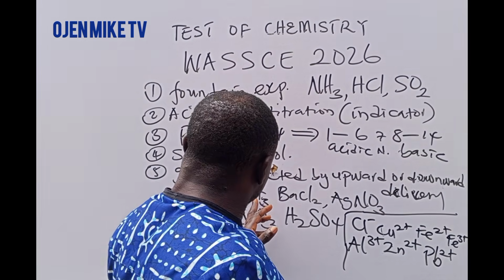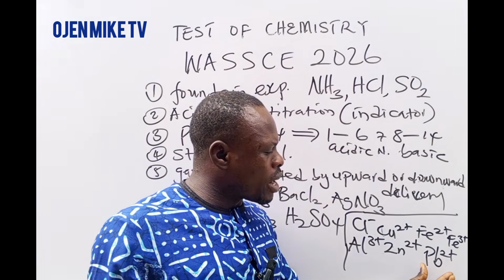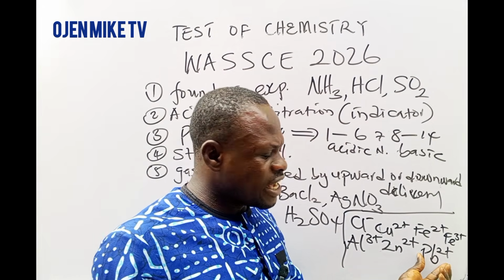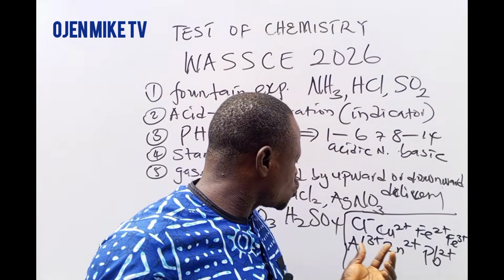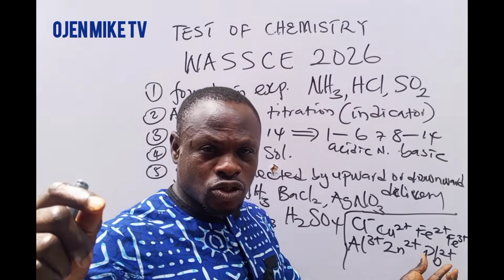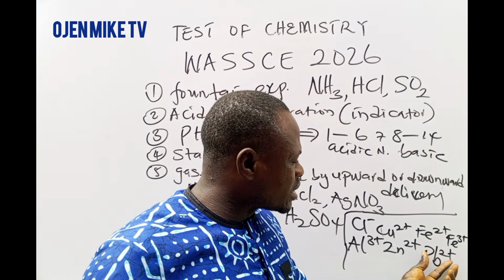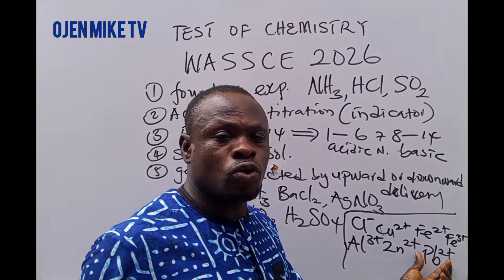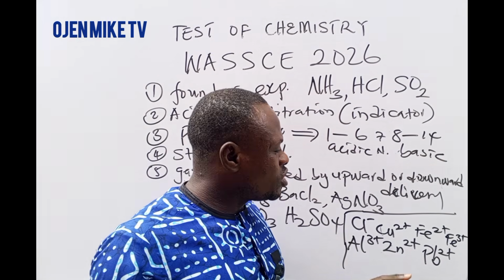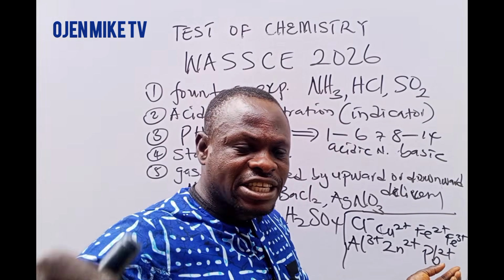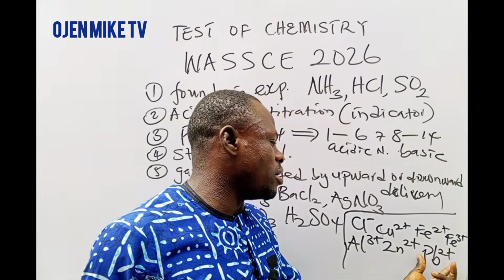But when you add aqueous ammonia to a compound containing lead, you see a white gelatinous precipitate. With sodium hydroxide it is not gelatinous, it's chalky. But with aqueous ammonia it is white gelatinous, like aluminium and zinc. Then when you add it in excess, it will not dissolve. That is to confirm lead.